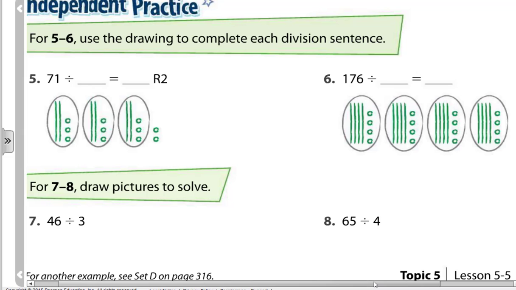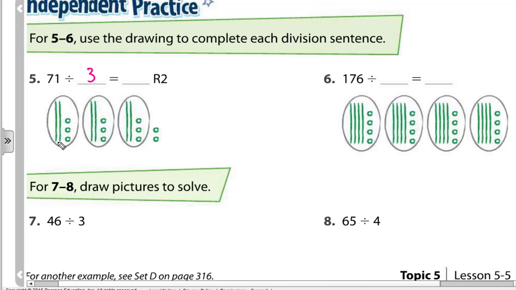Use the drawing to complete each division sentence. Look at the drawing and tell me, we are dividing by what? How many groups do we have? 3 groups. So we are dividing into 3 groups.